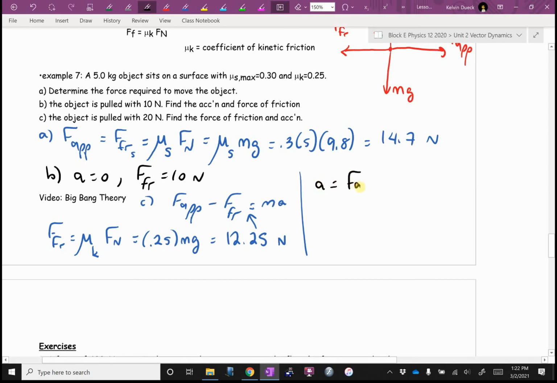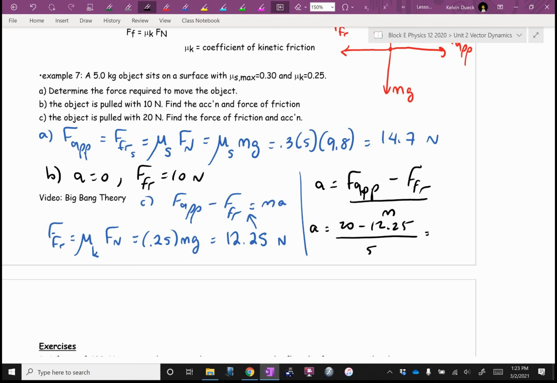Acceleration is going to be F applied minus friction divided by M. F applied 20 minus friction 12.25 divided by 5. 20 take away 12 is 7.75 divided by 5. What's a clever trick to divide by 5?